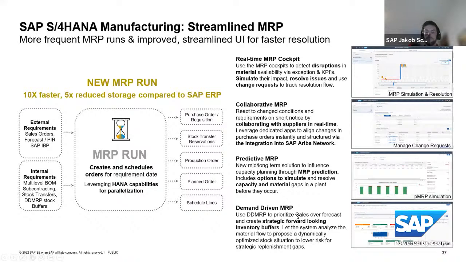Demand-driven MRP is an option that allows you to try a different paradigm for your production planning, which goes in the direction of decoupling points within your value chain to mitigate things like a bullwhip effect. I will also have a dedicated slide on that a little later.